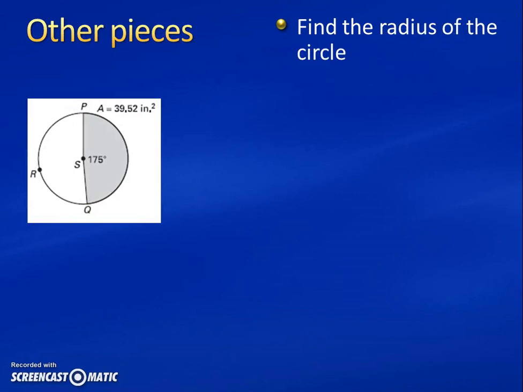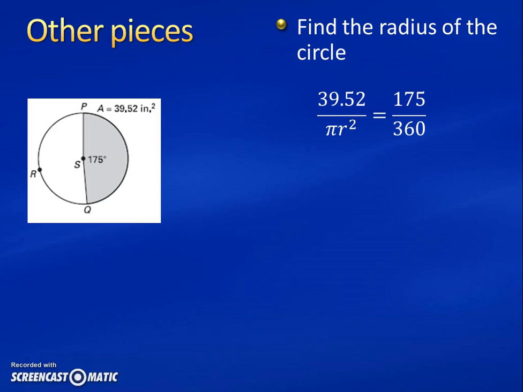Okay. Next example here, this time it wants us to find the radius. So it's given us the area of the sector. It gives us the measure, 175, so it's 175 over 360, then 39.52 over pi r squared.